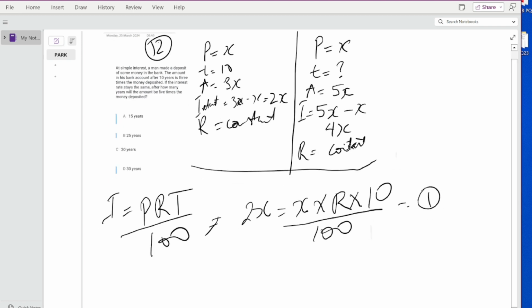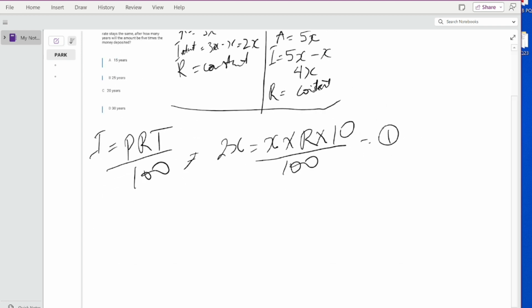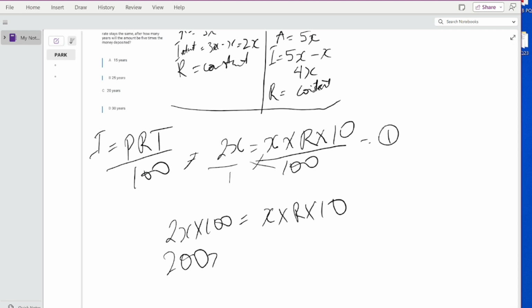Now let's simplify it further. We'll cross multiply, like this is 2x over 1, that's 2x times 100 equals x times r times 10. 2x times 100 is 200x equals x times r times 10. I think we've gone far enough for the first one, still on the first equation.